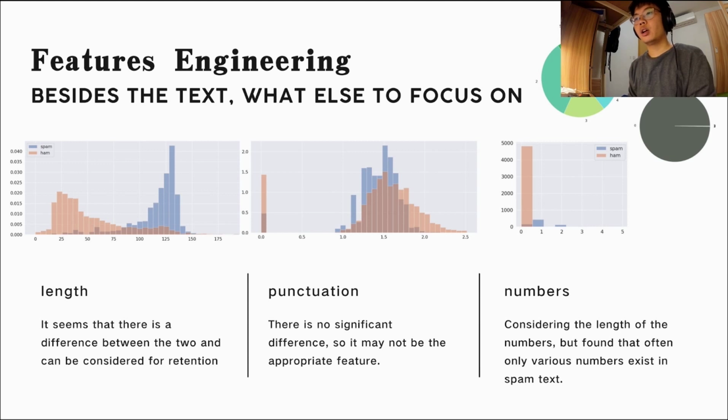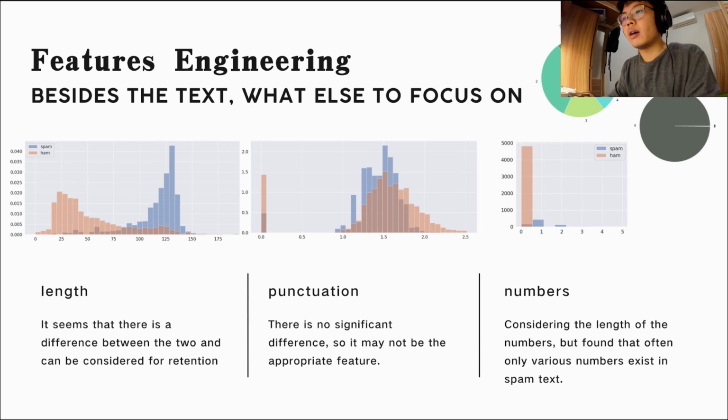Instead, when our attention is focused on the number of punctuations, we can see that there is no effective distinction between the two types, so it is not considered as part of the features. Likewise, the presence or absence of a web link is not sufficient as a reference.